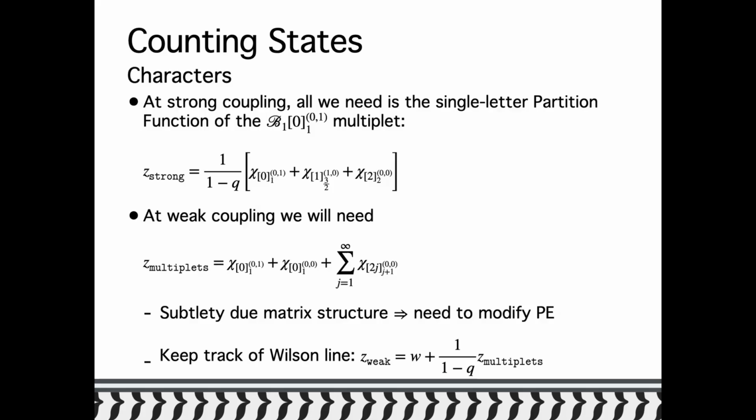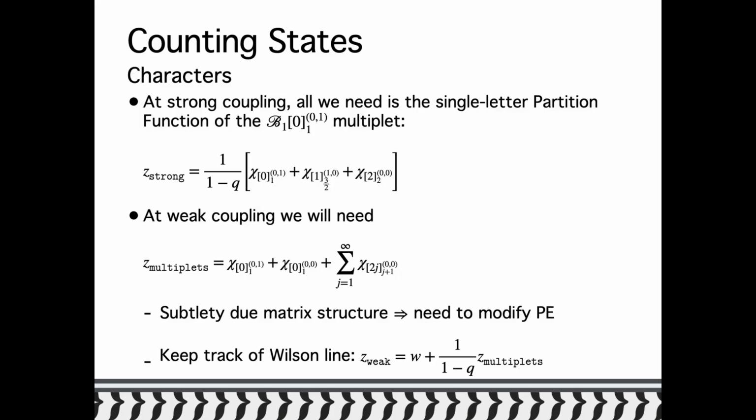But at weak coupling, I'm inserting matrices, right? I'm inserting adjoint valued fields inside the Wilson loop path ordered exponential. And as a result of this, we need to keep track of the order.